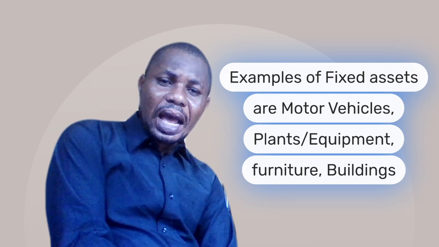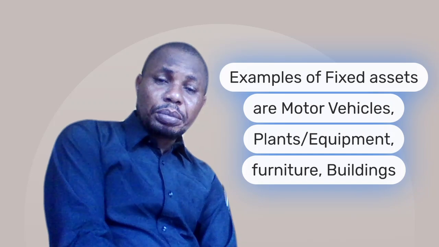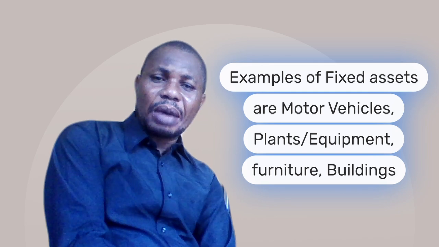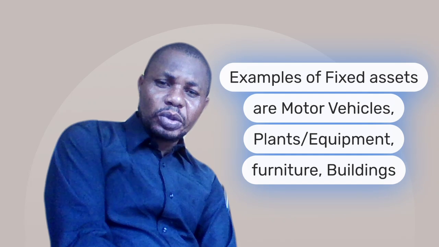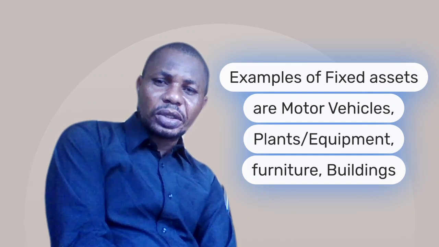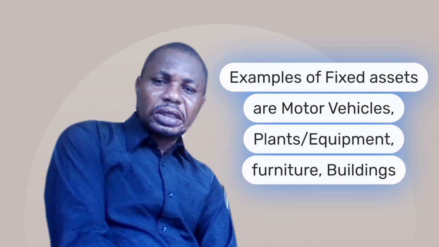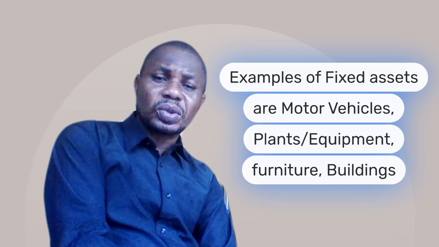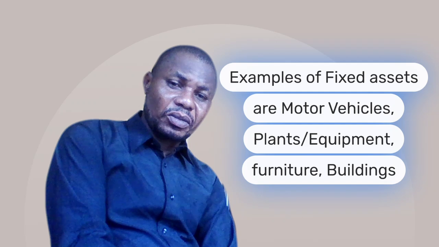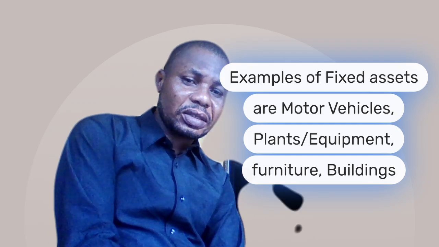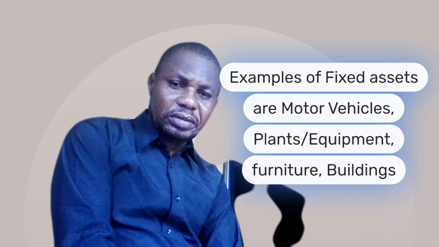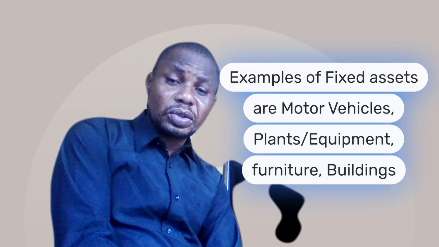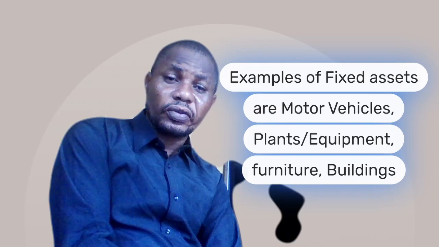Other things that are properties of the company but are handy are not classified under fixed assets. Those things can be written off. For example, the stapler, calculators, and those small office tools can be classified as office tools and written off completely as expenses. They are not taken as fixed assets. Do we understand? They are properties of the company, yes, but they are not part of fixed assets.